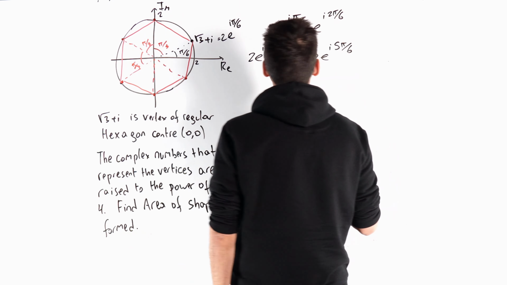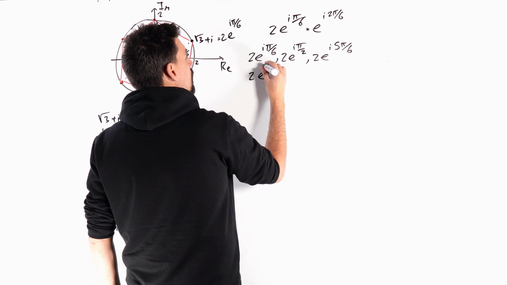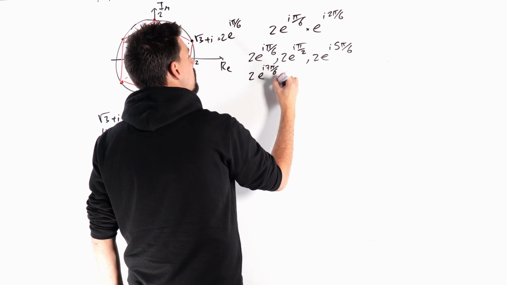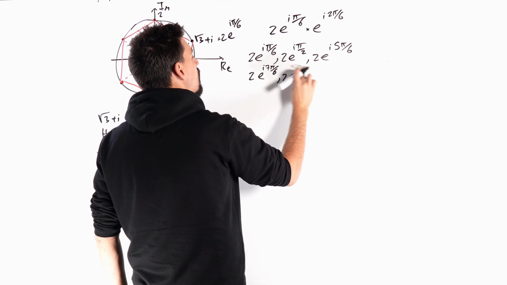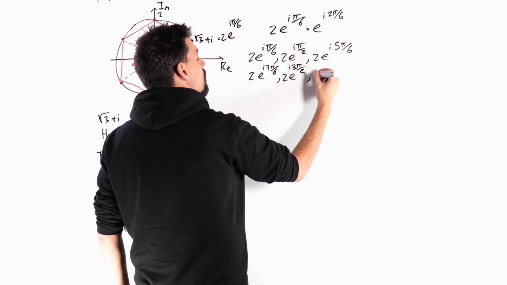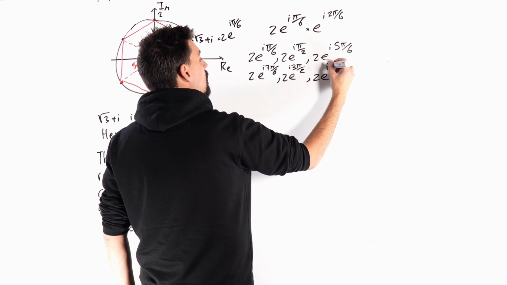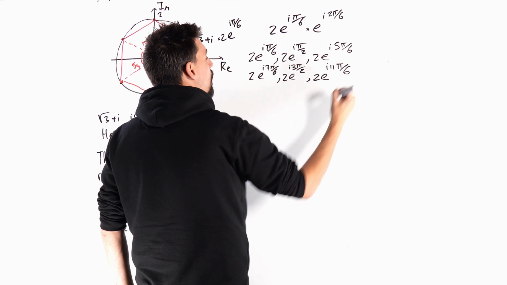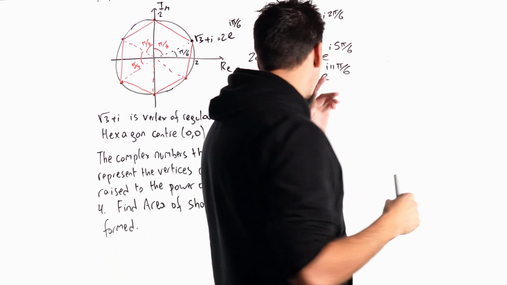That would make sense, so there we go. 2e^(i 7 pi/6), 2e^(-i pi/2), or 3 pi over 2, depends really. I'll say 3 pi over 2, and then 2e^(i 11 pi/6). So those are my 6 vertices.